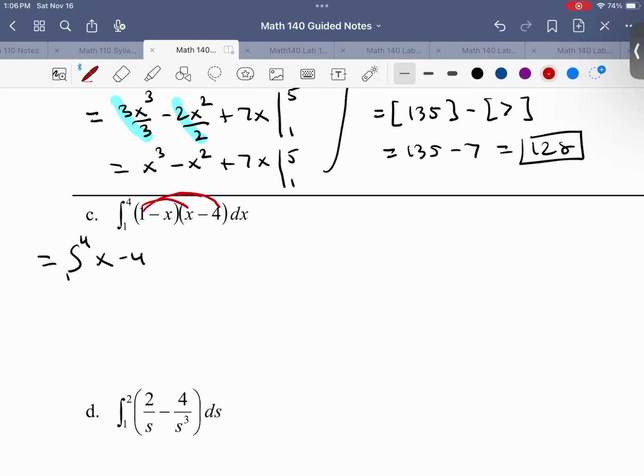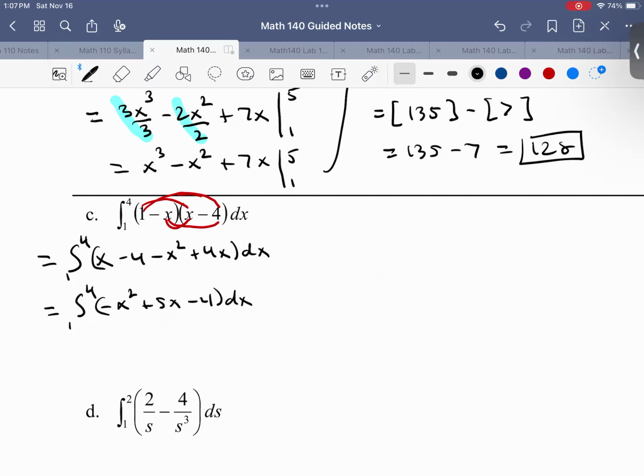And then negative x times x is negative x squared. And then negative x times -4 is positive 4x. And don't forget your differential dx. If we clean this up and simplify, we should end up with negative x squared plus 5x minus 4 dx.